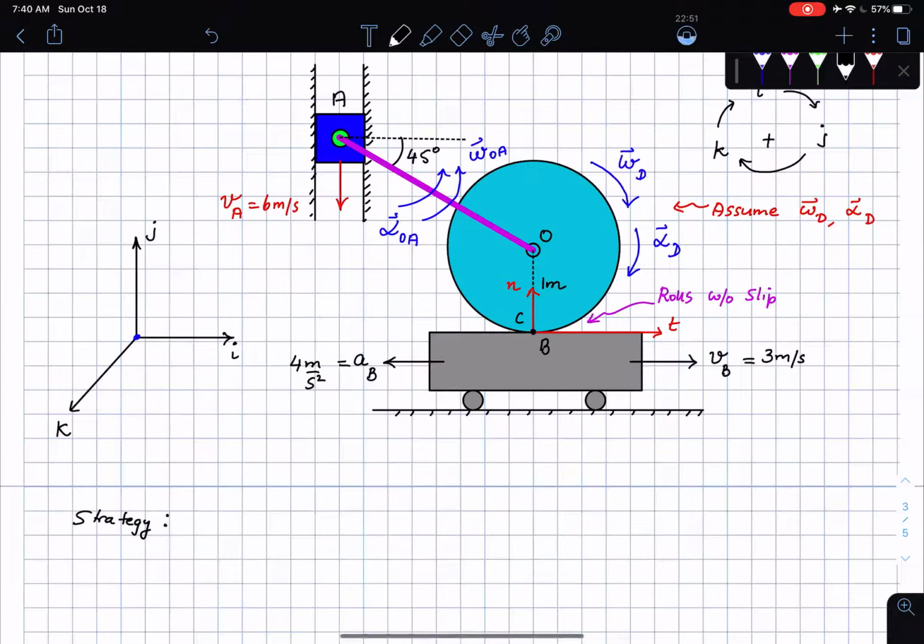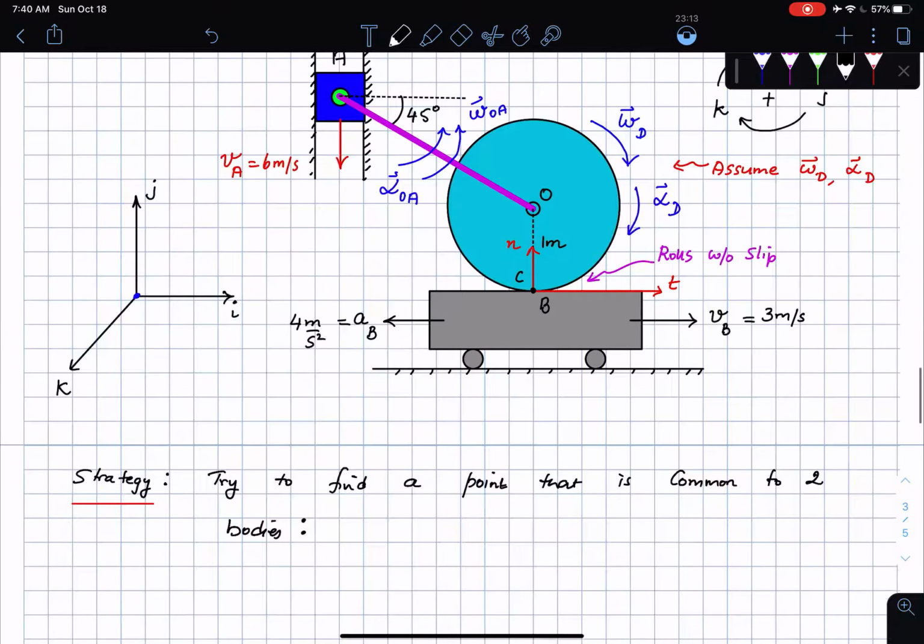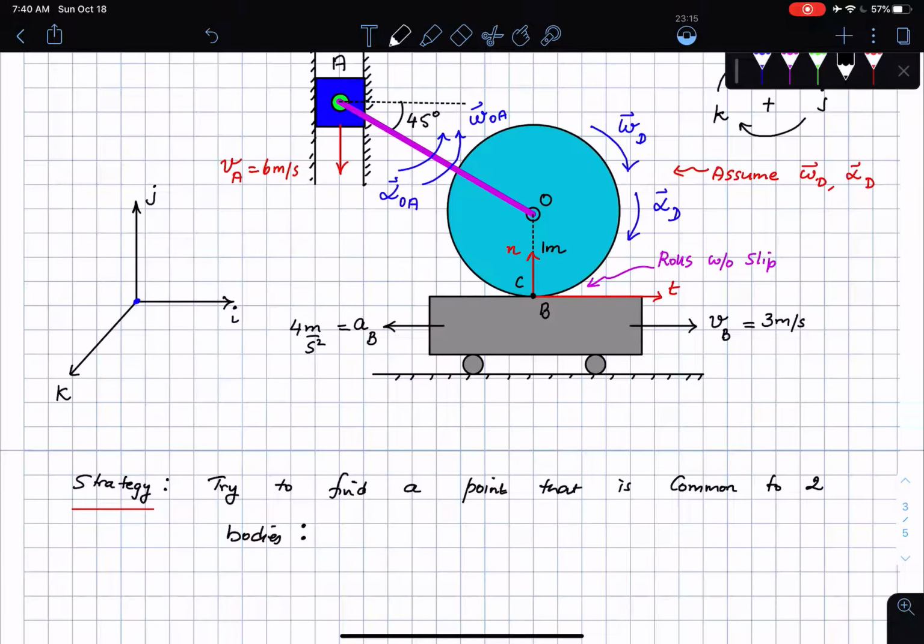This is a strategy for pretty much many of the rigid body kinematics problems: try to find a point that is common to two bodies. Here, of course, there is also the choice of point C and point B, but we have already taken care of it, right? So a good choice would be point O.